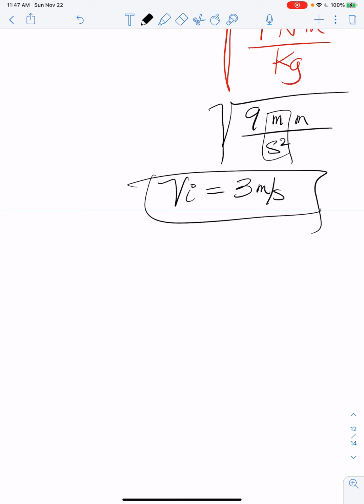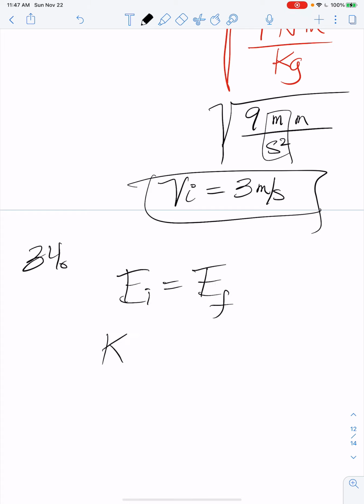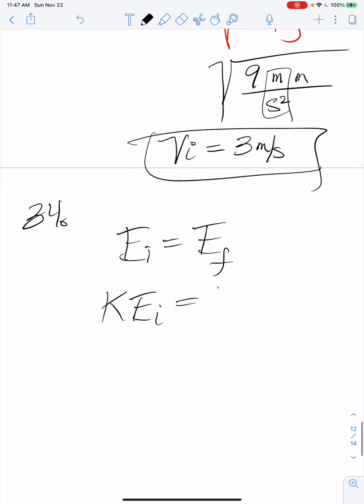So once again, in this problem, you have a plane that only has kinetic energy initially. It's then going to be caught by a cable that is going to bring it to a stop. So its energy at the end is going to be potential energy of a spring.